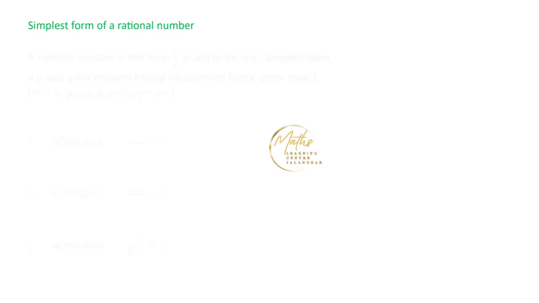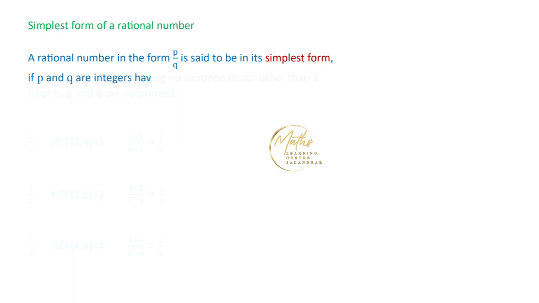Now next we have the term, the simplest form of a rational number. A rational number in the form P by Q is said to be in the simplest form if P and Q are integers having no common factor other than 1.